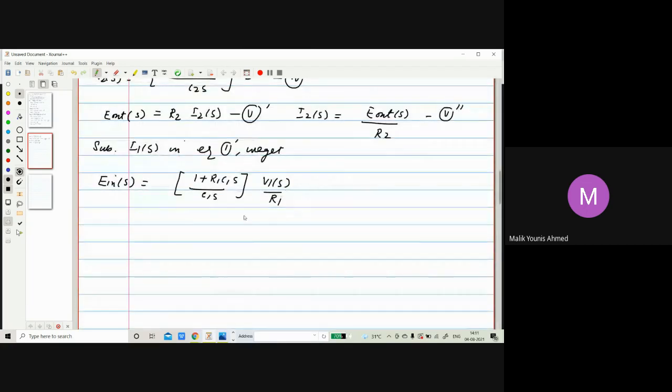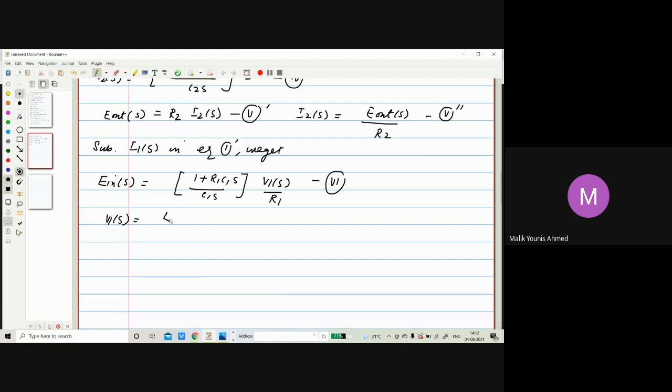Okay, why? Everything is in terms of current. I want to avoid these currents, and I don't want to get in terms of current. I want to get everything in terms of the circuit parameters. That is my aim. So let us call it equation number 6. Okay, next is, out of this I can also get V1 of s, because somewhere I will need to replace this one also.